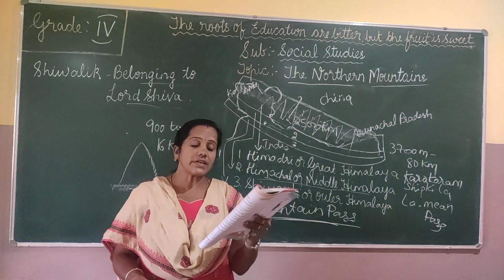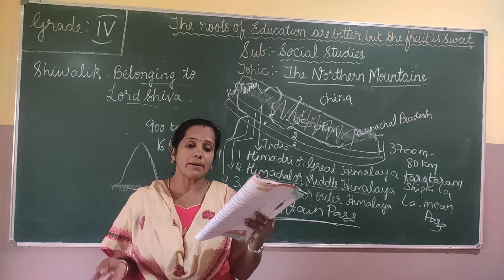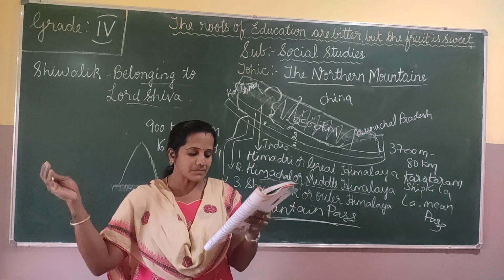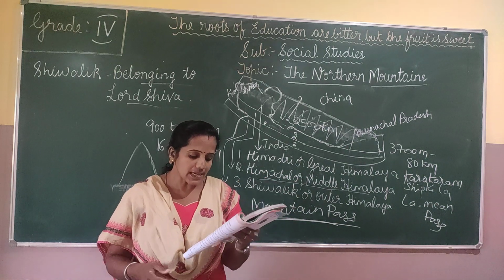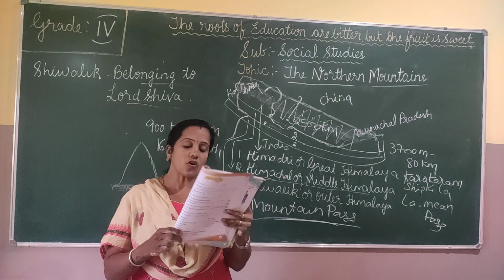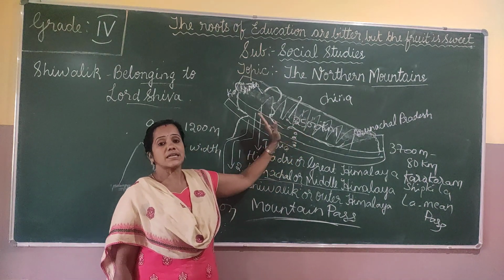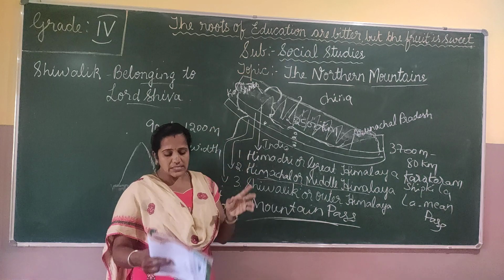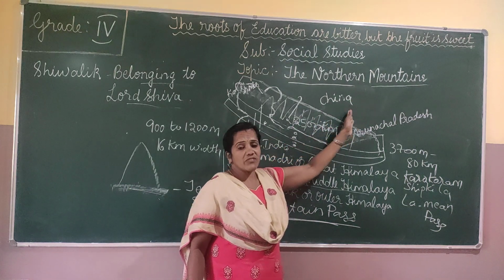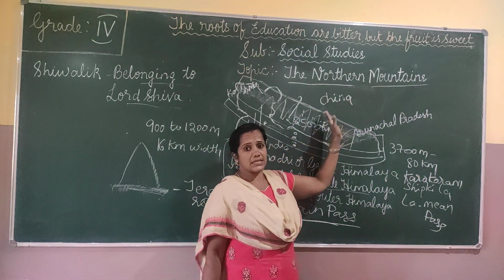It also protects the rest of the country from icy cold winds from Central Asia. Thus, the Himalayas affect the climate of India in many ways. It protects the country from the cold winds blowing from other countries.